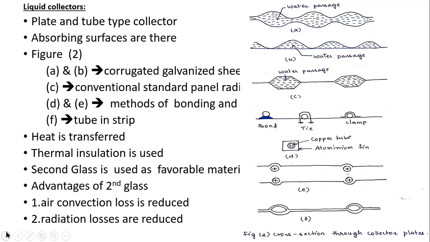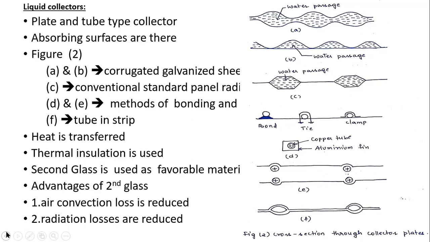It is not worthwhile to use more than 2 glass plates, because each plate reflects about 15% of the incoming sunlight. If you use a third one, it also reflects about 15%. So a total of 30% of the incoming sunlight is reflected back, and the absorption rate will decrease.